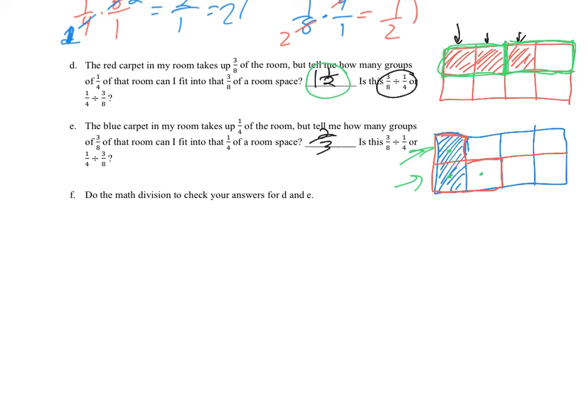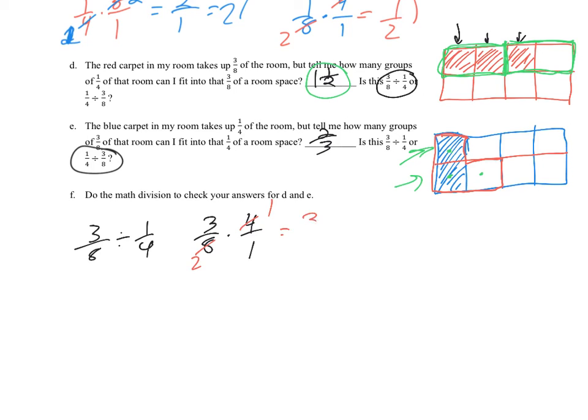All right, let's do the math division to check. That one was, we took 1/4 and divided it into 3/8. So let's go back to part D. Let's do the math. 3/8 divided by 1/4 is the same thing as 3/8 times 4/1. 4 goes into 4 once, it goes into 8 twice.